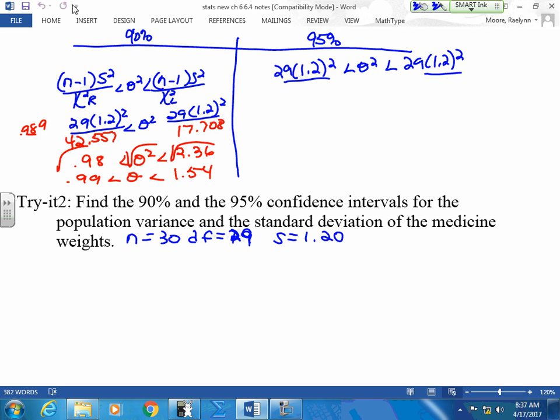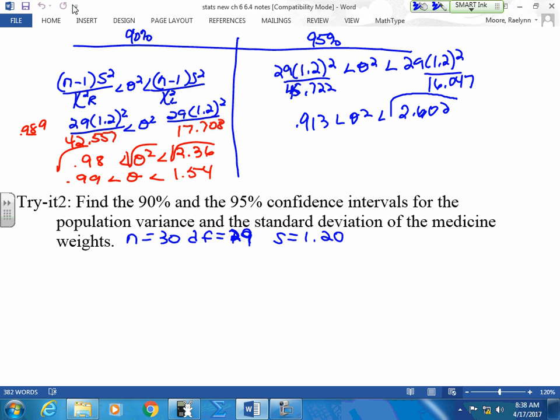Anybody find me an X2L, X2R for this one? There's your X2L. There's your X2R. 45.722. And what's this one? 16.027. Good. So when we do this, I have 3 decimals, so I'll just take 3 decimals out.